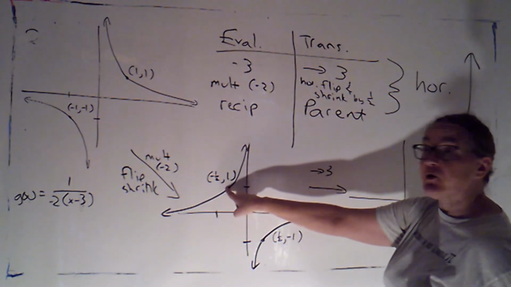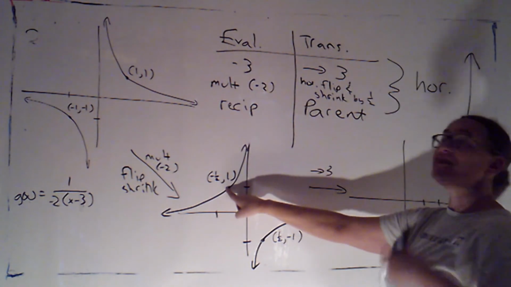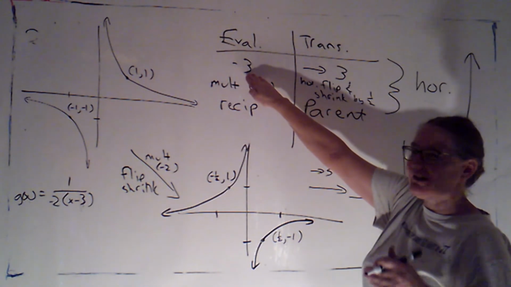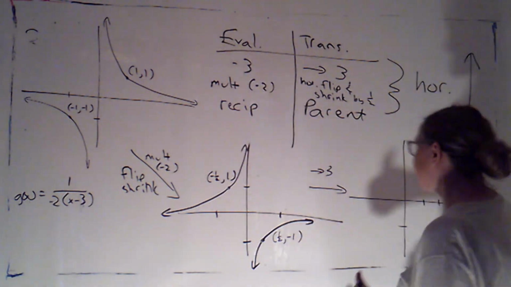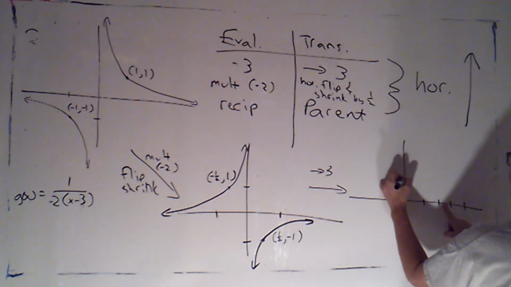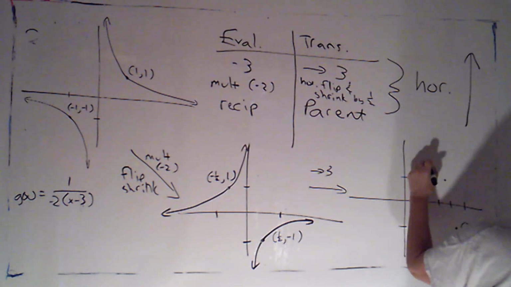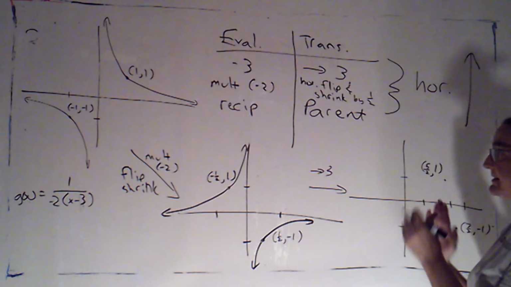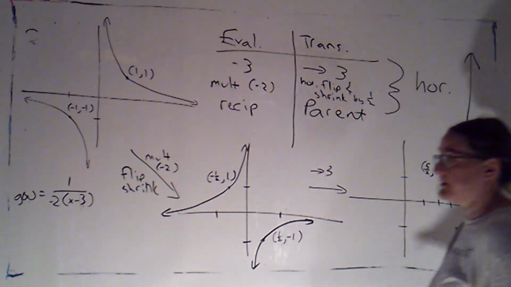Here I had an x value of -1/2. I'm going to add 3 to that, again doing the opposite of what I do in evaluating the function. So that's going to become 2½ or 5/2, 1.